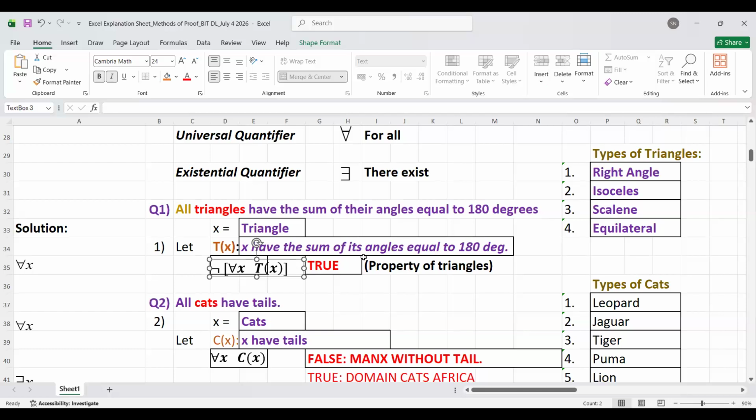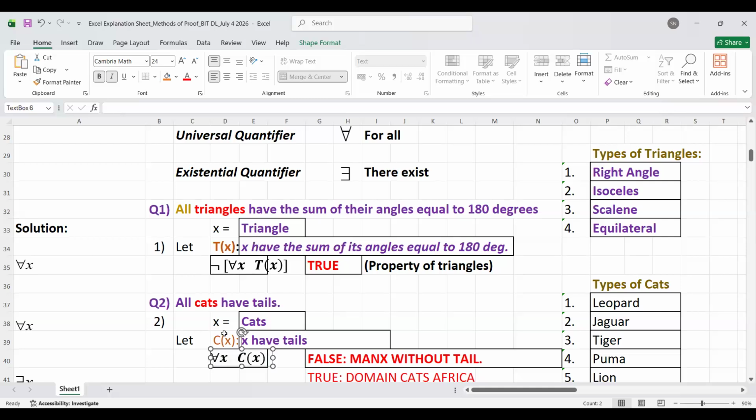So there is a triangle whose sum of angles is not equal to 180. When you say there is a triangle, you say its sum of angles is not equal to, but when you say there are triangles, you say are not equal to. Whatever the English phrases, you are using the formula: negative for all x, T of x becomes there exists x, negative T of x. Okay, what about this one?